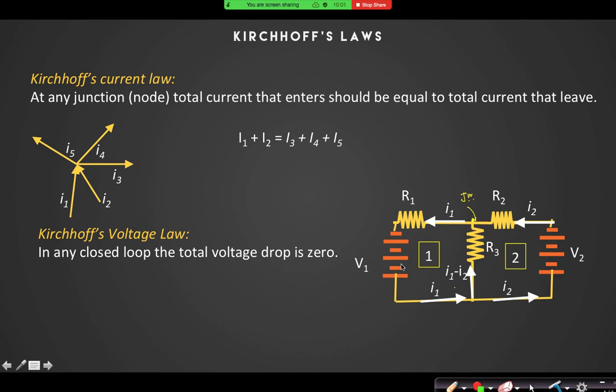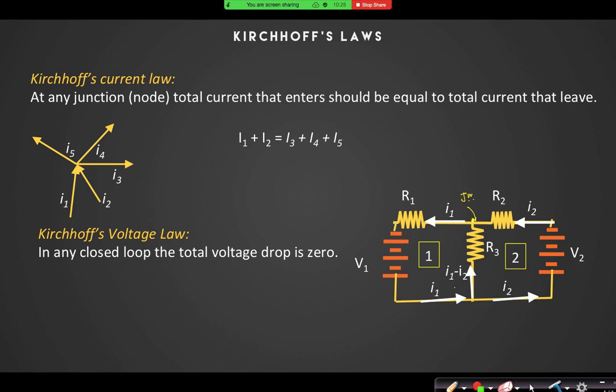Remember always that whenever you are flowing in the direction of current in a resistance, the potential will always decrease, right? Again, I'm saying, just take a note that whenever we move along the direction of current in a resistance, potential will decrease, and whenever we move along the opposite direction of current in a resistance, the potential will increase.